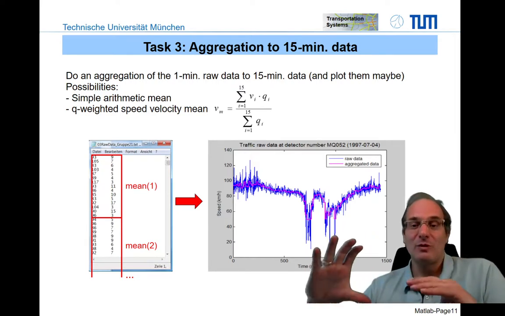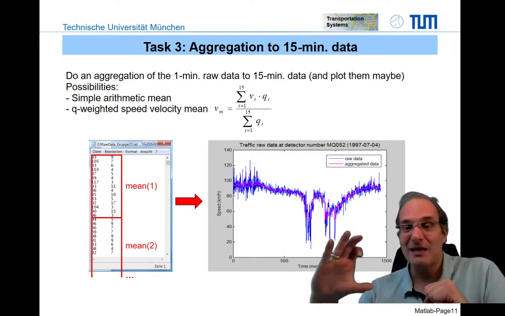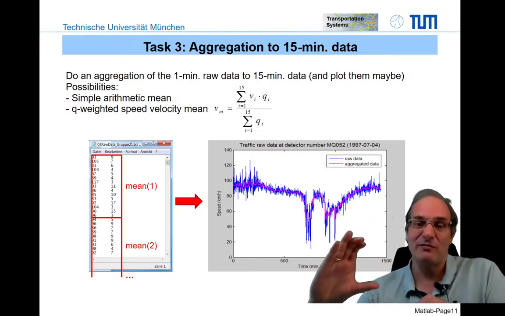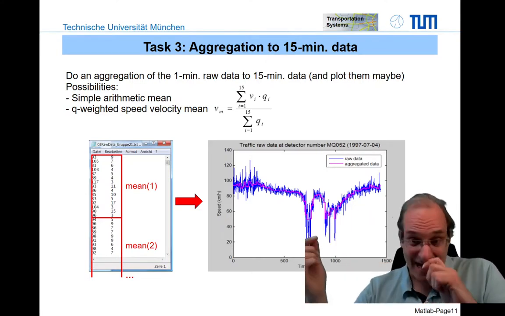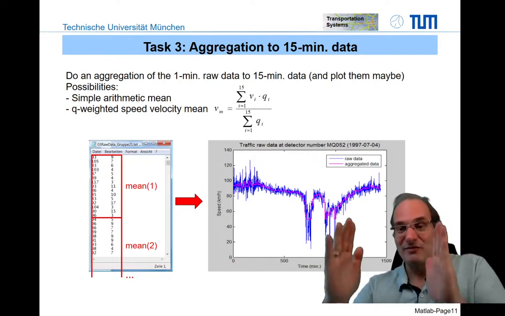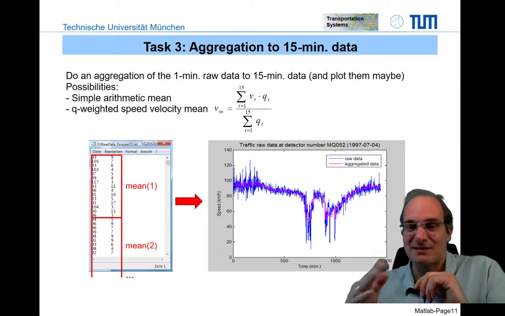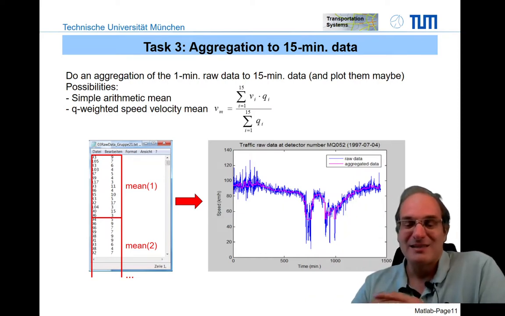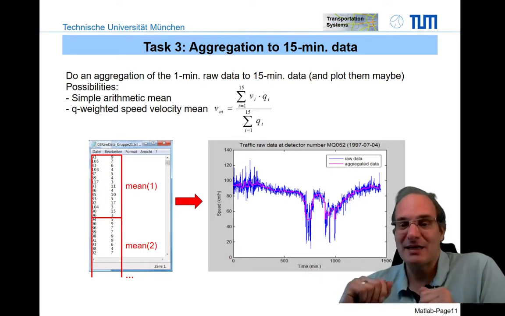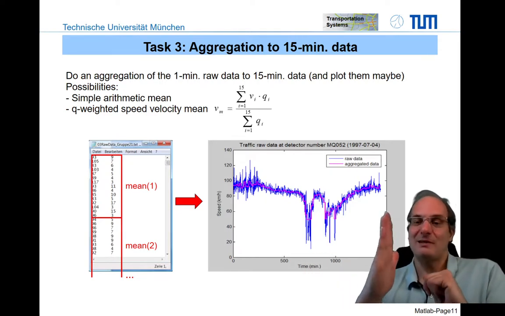It means we will calculate 15-minute intervals, so 15 elements. We take these 15 elements, we calculate the mean, and then we will set this mean for these 15 minutes so that we get a nice step function. This is quite simple because Matlab automatically interpolates, and therefore we will have not a real step function.